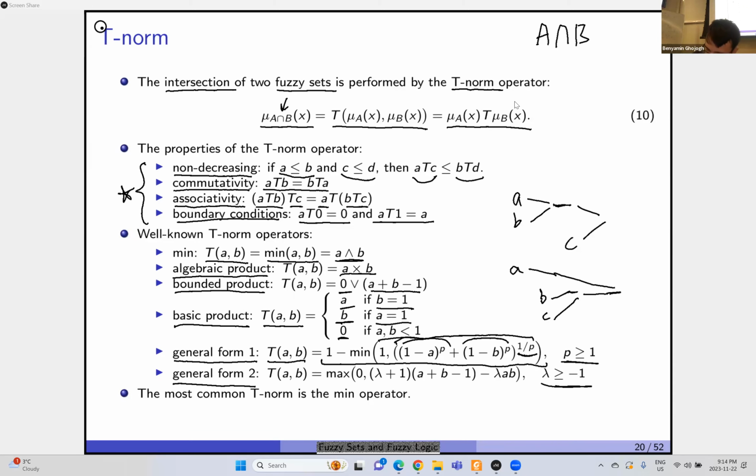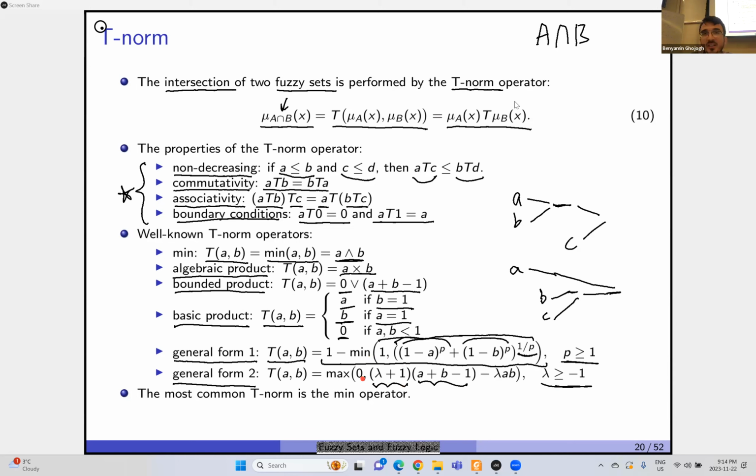Another one has a parameter lambda, greater than or equal to minus 1. What is that? It's lambda plus 1. So lambda plus 1 is greater than 0. AB minus 1. A is between 0 and 1. B between 0 and 1. A plus B between 0 and 2. A plus B minus 1 is between 0 and 1.